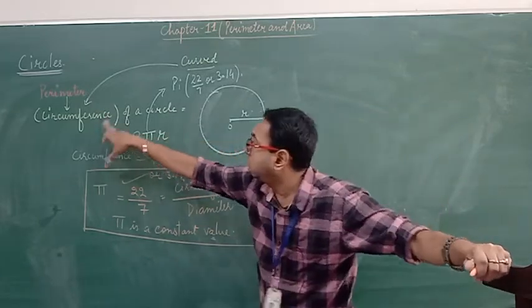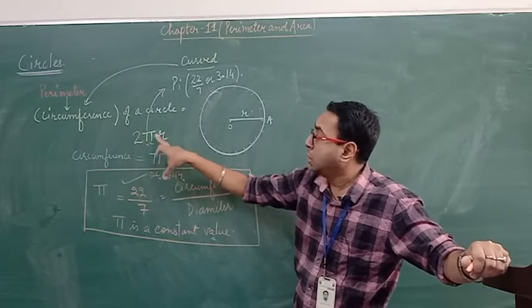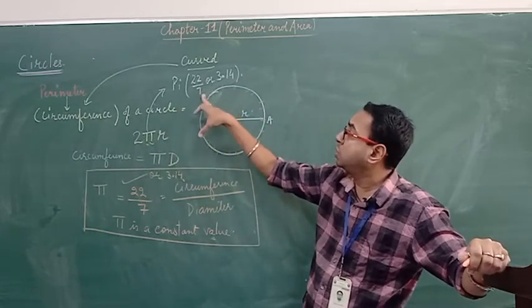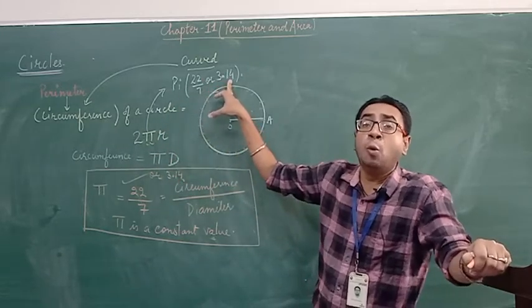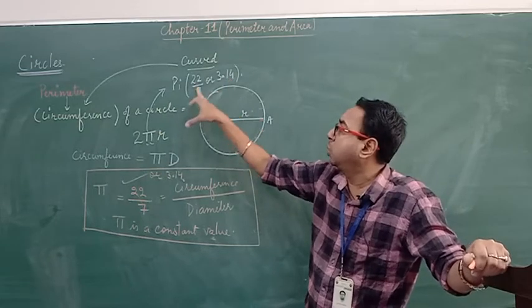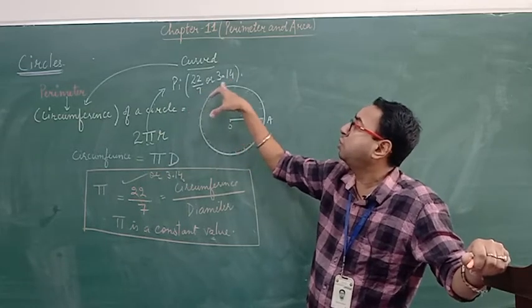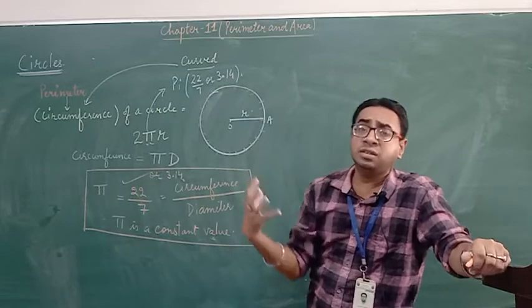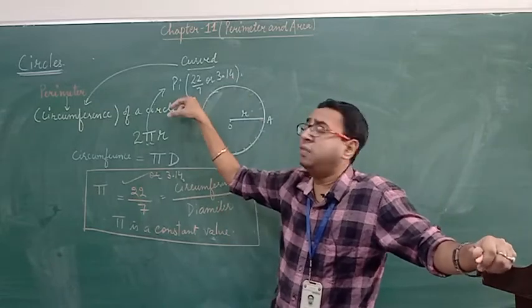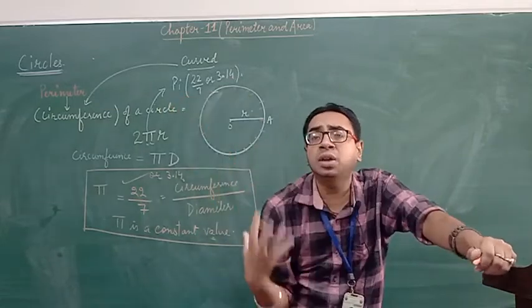So the circumference formula is 2 pi r, and the pi value is fixed, 22/7 or 3.14. Very smartly you have to take the value. Either you will be taking 22/7 or 3.14. It depends, so you will be taking the value keeping the calculations in mind.